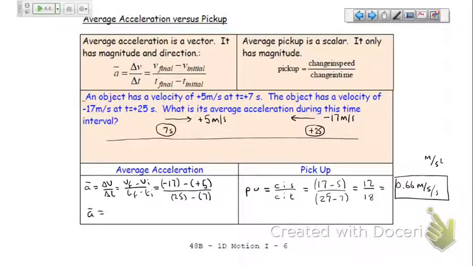So this is going to equal minus 17 minus 5, which is minus 22, over 18, which equals minus 1.22 meters per second every second. Very different answers.